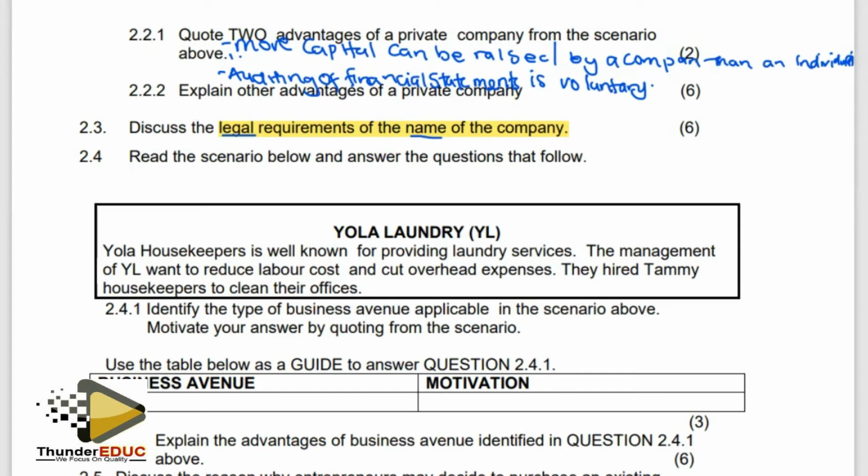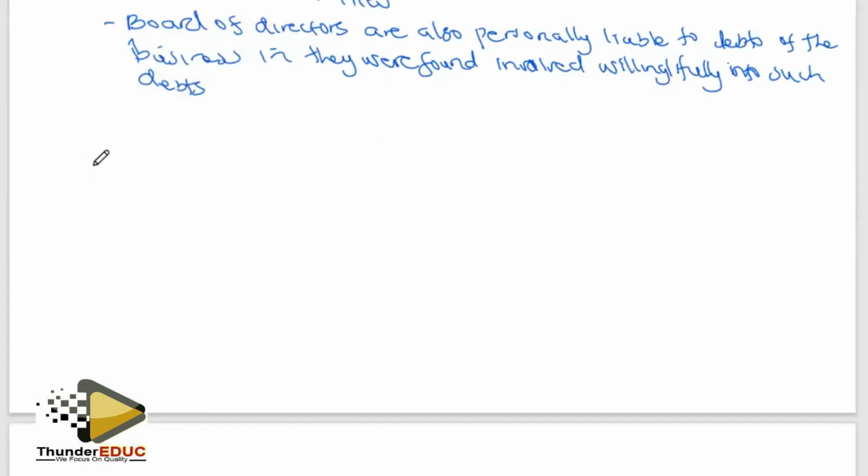Let's look at it. It is question 2.3. I told you should always remember to write the question number, it is 2.3. And what is the question?